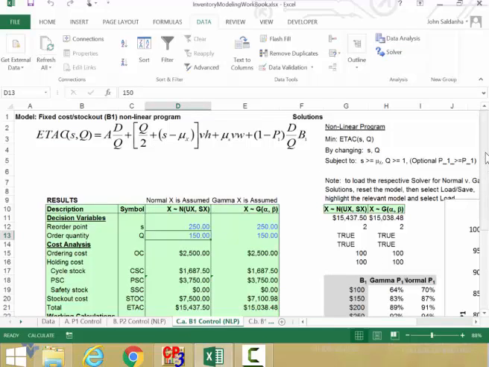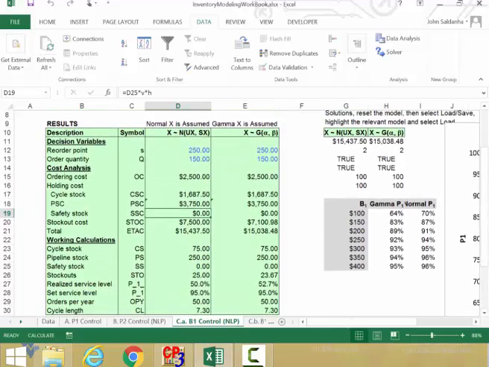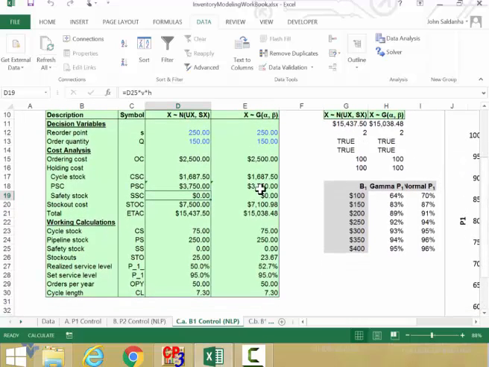And here the B1 control is the same way. So here I have my expected total annual cost and my safety stock cost, which is dependent upon my safety stock, and then the safety stock is going to be dependent upon my reorder point.